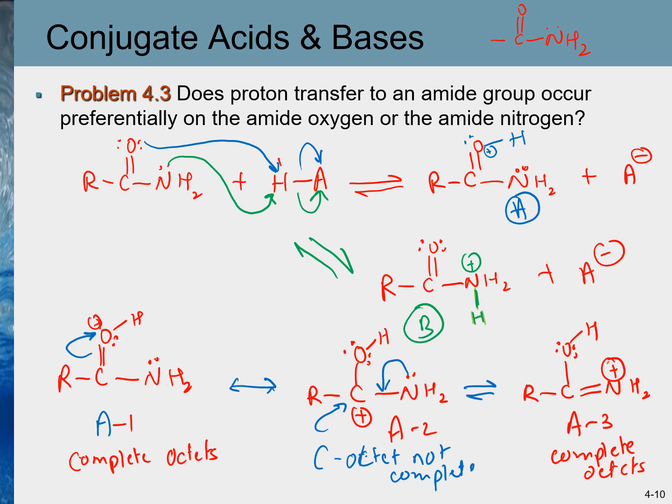So therefore A2 is less contributing, but still we have three contributing structures. So positive charge is delocalized over three different atoms. It's delocalized over oxygen and then carbon and then finally on nitrogen. So charge is well dissipated.